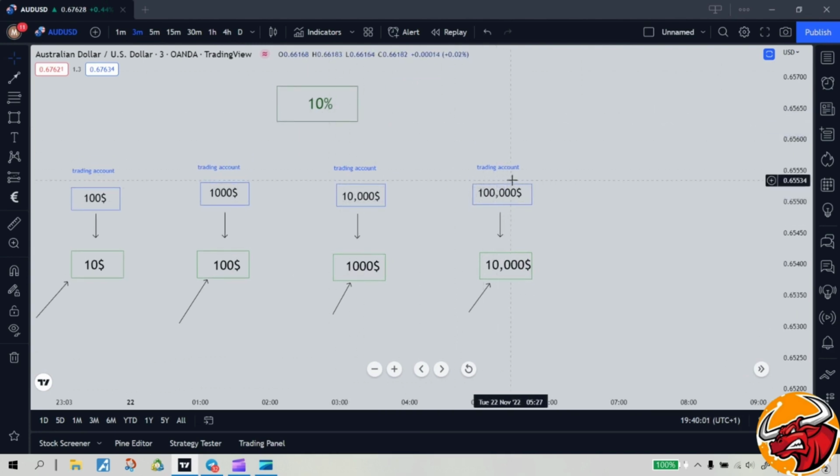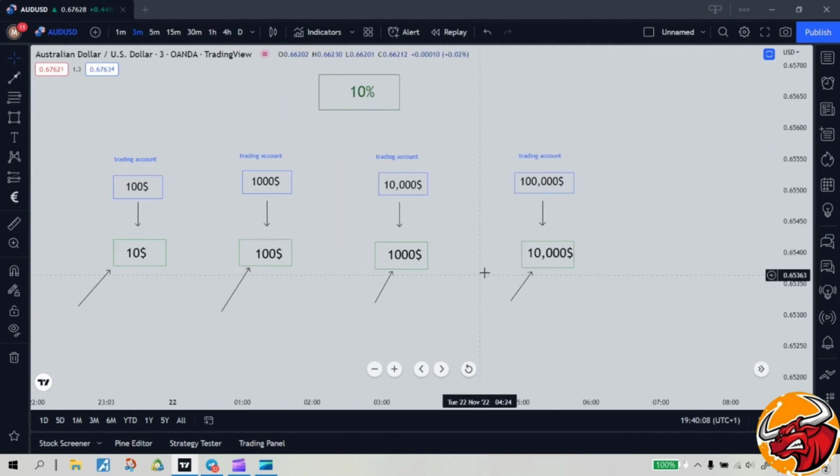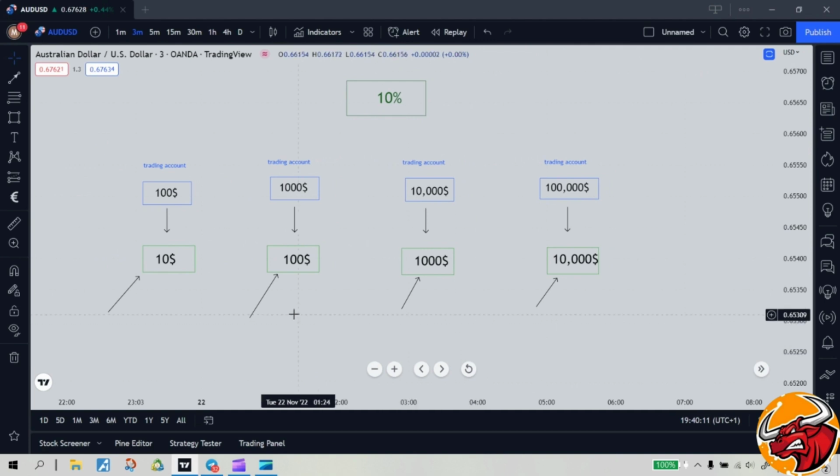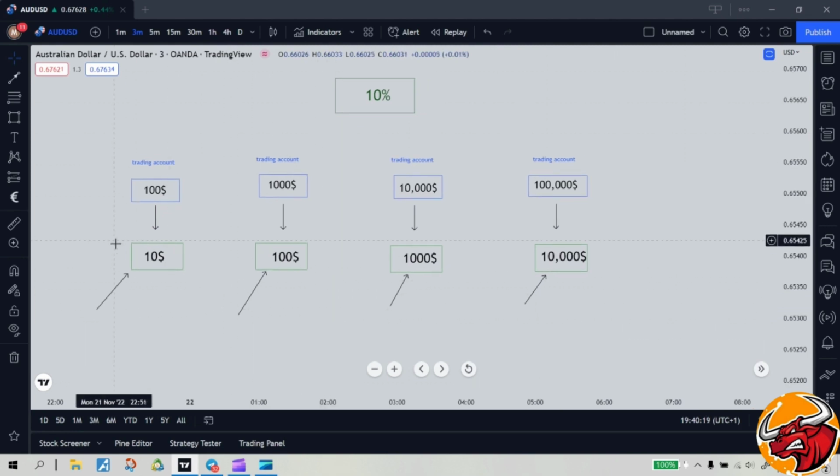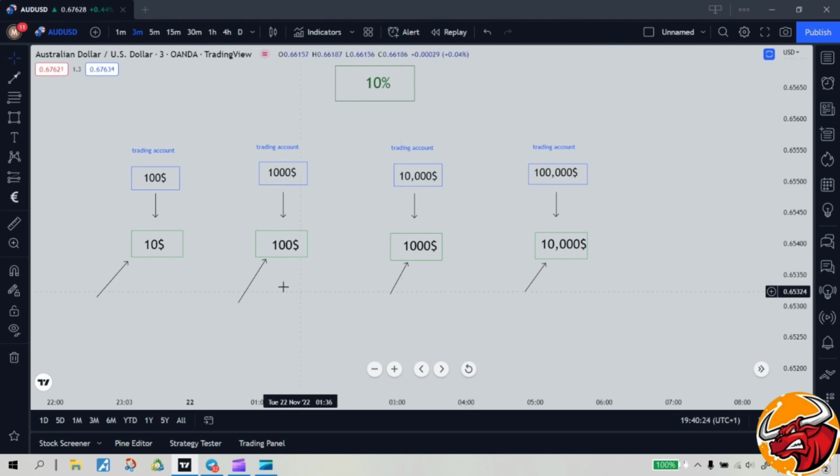If you have $100,000 on your account, your 10% will be 10,000. So this is easy, guys. If you can make weekly $10 on a 100 account, you can make this and this and this easily, guys. And the next thing, how you can get these big accounts, I will tell you.